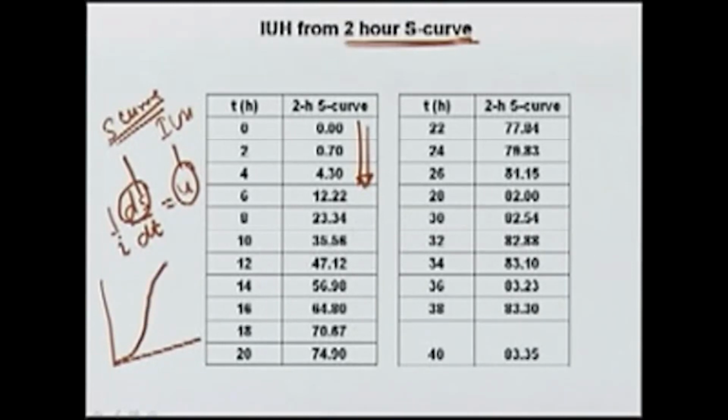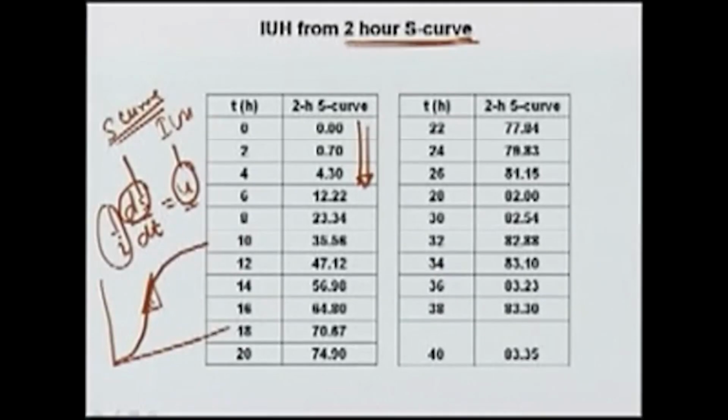The S curve looks like this. What this equation tells us is that the slope of the S curve at any point, ds by dt divided by the intensity of rain, will give us the ordinate of the instantaneous unit hydrograph, because the S curve represents the rainfall due to infinite value.